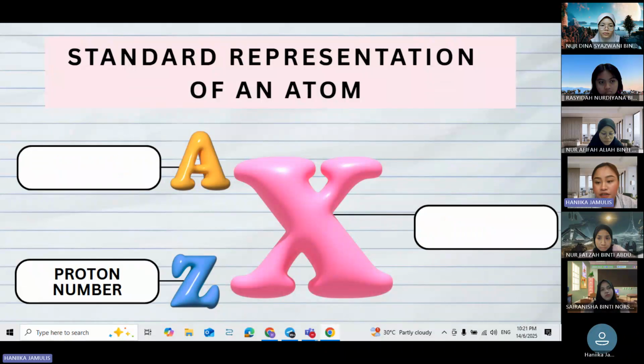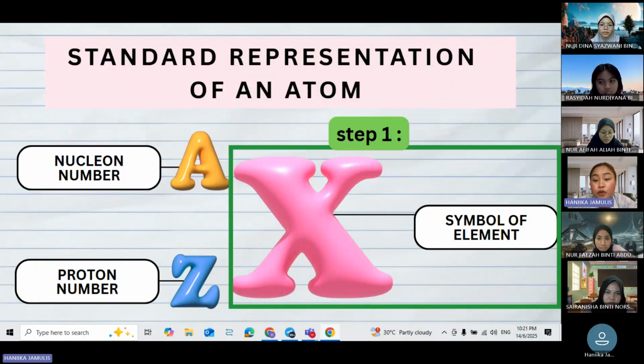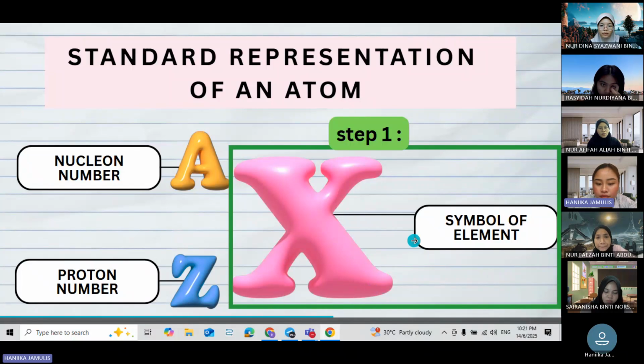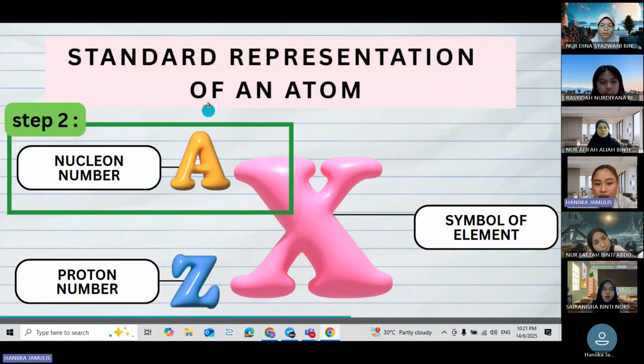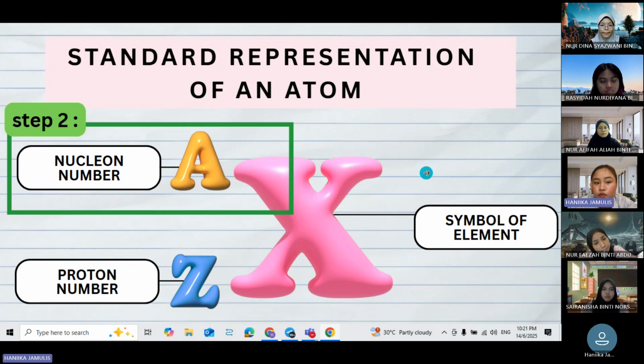First step is we have to write the symbol of the element, which is X. Then for the second step, we write the nucleon number at the top left of the symbol. This is left and this is right. We write the nucleon number at the top left, okay?